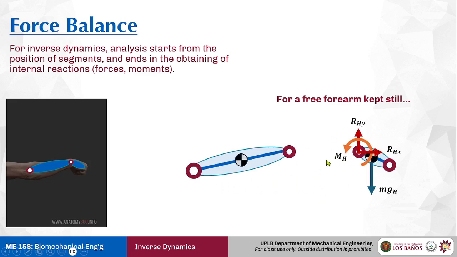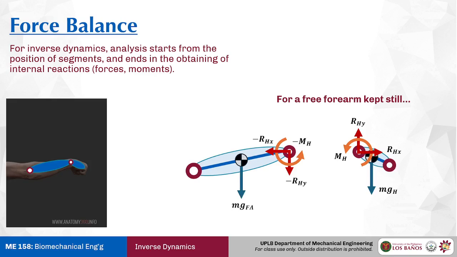Now, these reactions transfer over to the next body segment that is more proximal. That is your forearm. It sees the opposite of the reactions that the hand experiences. However, not just that, the forearm also experiences the gravitational force, and of course, it's just staying still, so there is no acceleration and velocity.